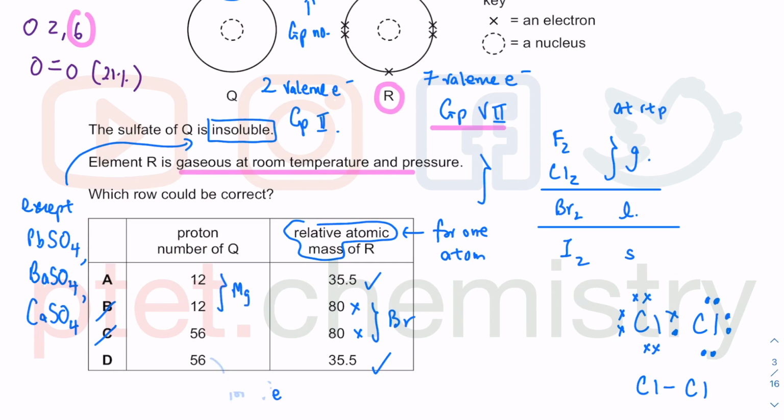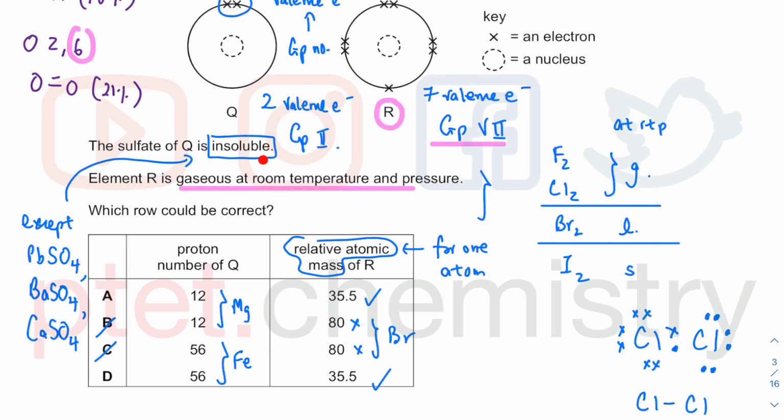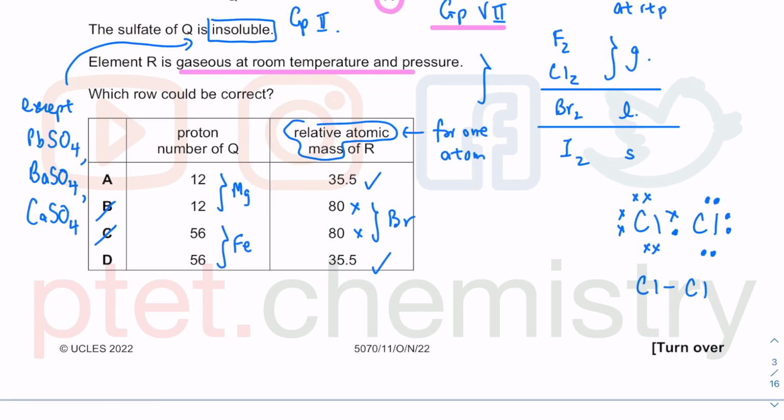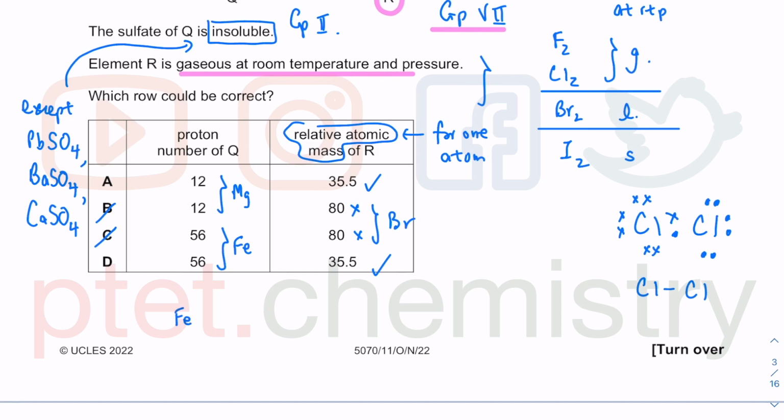So I would personally go for magnesium simply because we know that magnesium sulfate, even though it is soluble, is not really that soluble in a large amount. But if you go for iron sulfate, I can tell you one thing is that things like iron(II) sulfate, Fe2+ SO4 2-, FeSO4 is soluble in water. We do actually use this in redox titration.